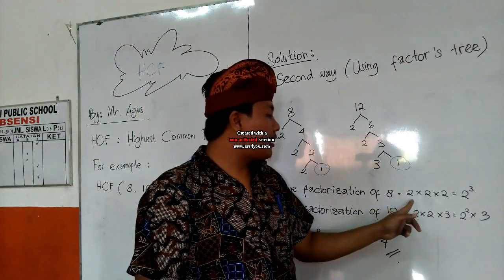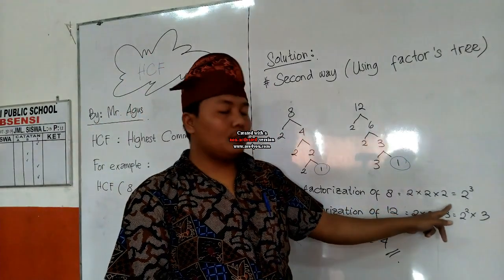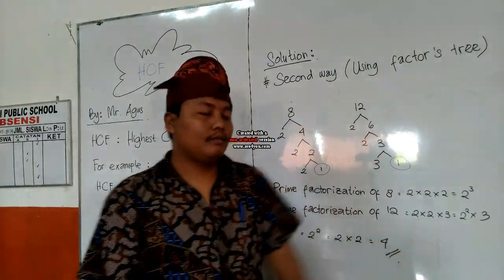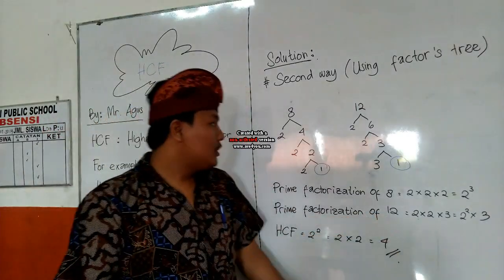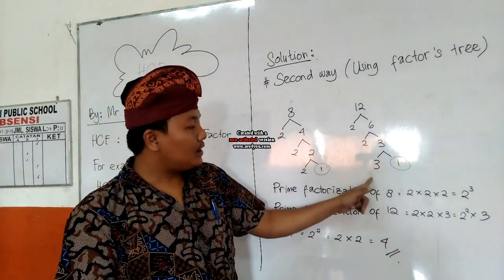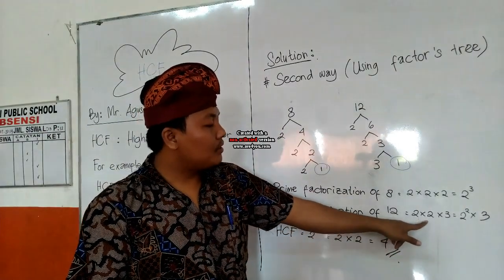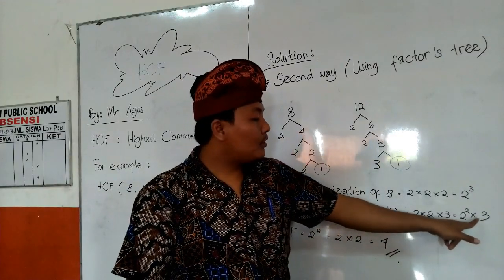So, the prime factorization of 8 is 2 times 2 times 2, or you can write it like this, 2 to the power 3. And then, the prime factorization of 12, you got 2, 2, 3. So, you will write 2 times 2 times 3, or you can write 2 to the power 2 times 3.